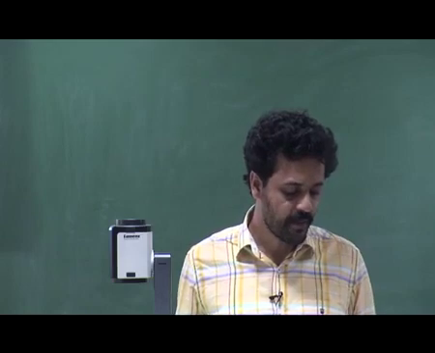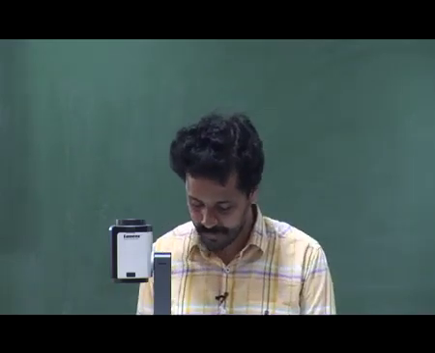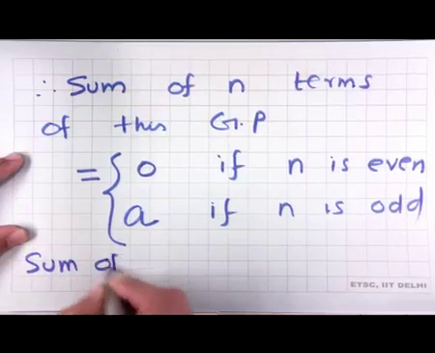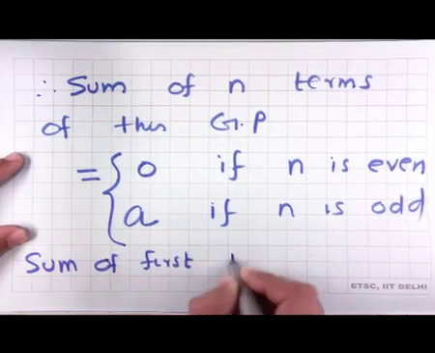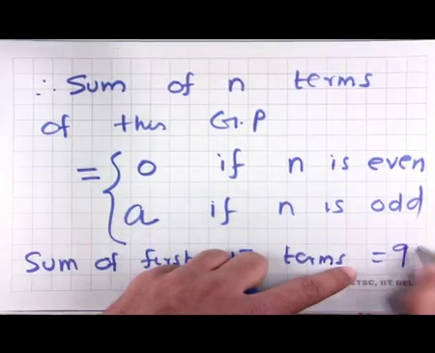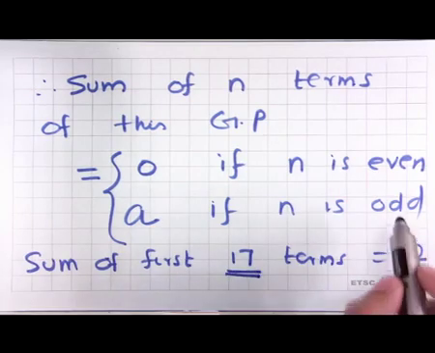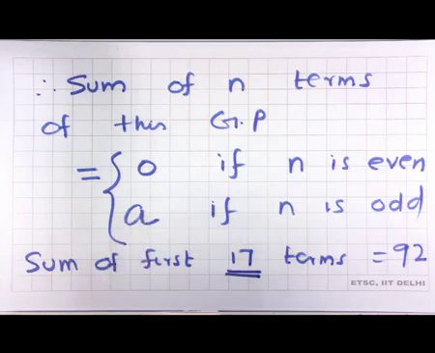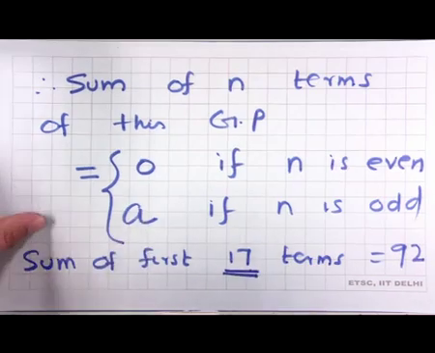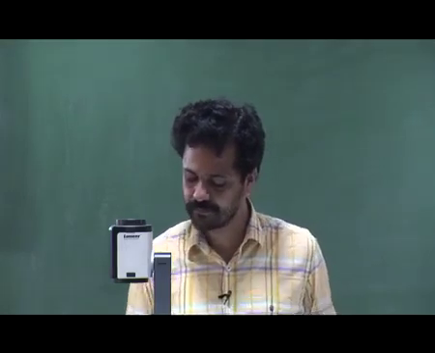Given the sum of first 17 terms is 92. For the first n terms, when n is odd, the sum would be A. Since 17 is odd, we have A equal to 92.